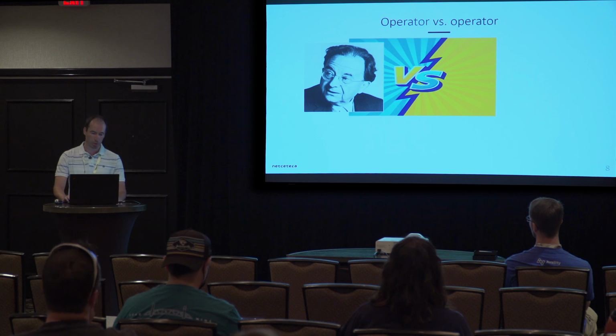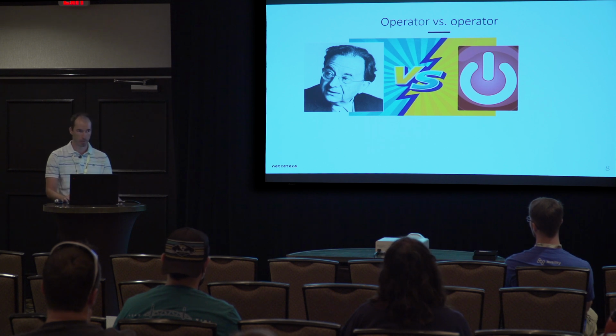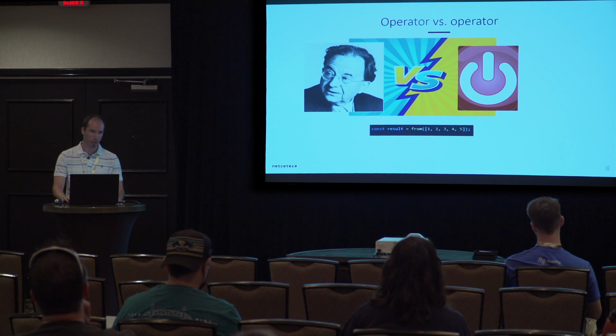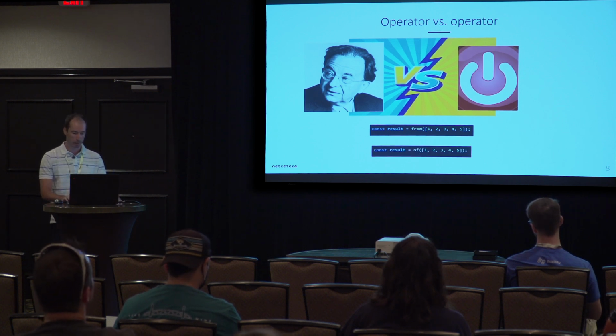Other operators we will compare are from and of. These are mostly used. Basically from one object you have an observable which emits that object. And the easiest way to see it is by comparing arrays, because that's the main difference. The from operator would accept an observable, promise, or iterable-like.